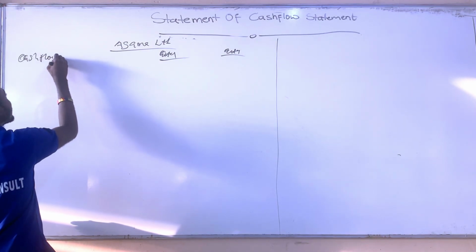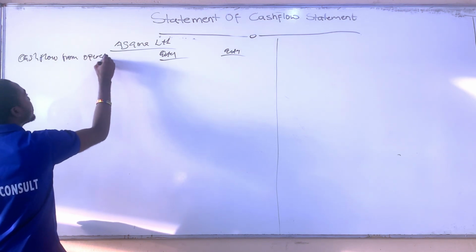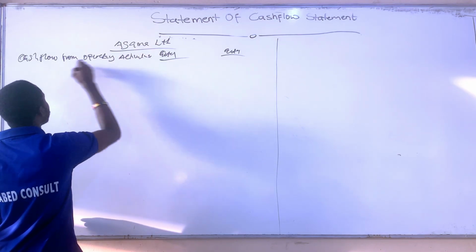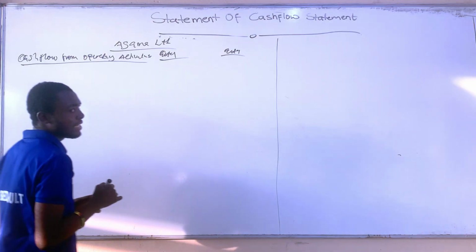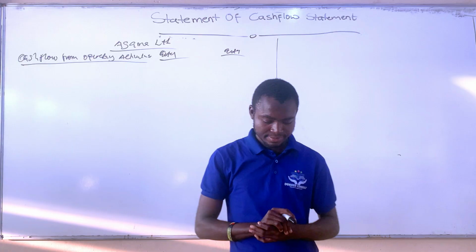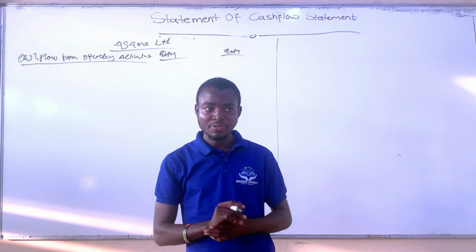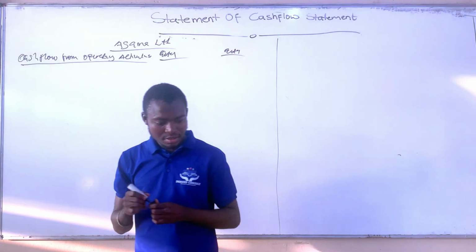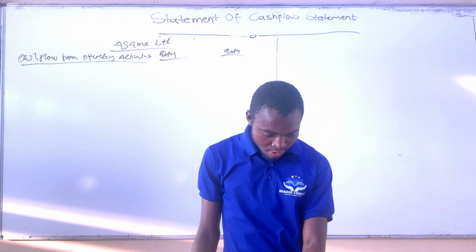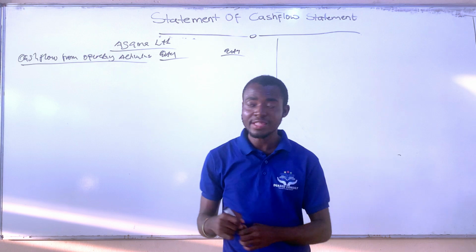Cash flow from operating activities. And then the first item will be net profit before tax. Net profit before tax. And then from the question, the net profit before tax has been given to us as 126,000.